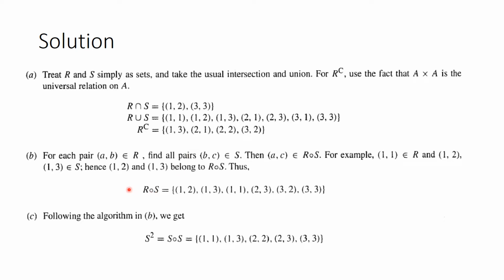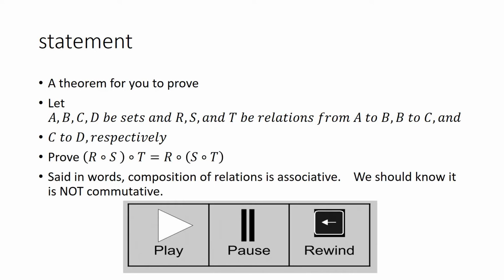Whenever we compute R composed with S, we get this set of ordered pairs, and if we take S composed with S, these are the sets we get. Those are the answers that you should have gotten, and I encourage you to work through those and make sure that you understand those solutions.